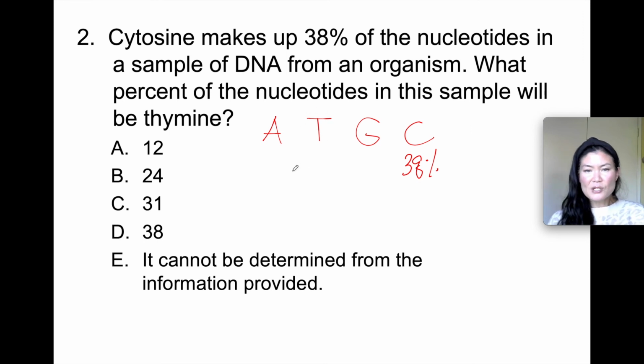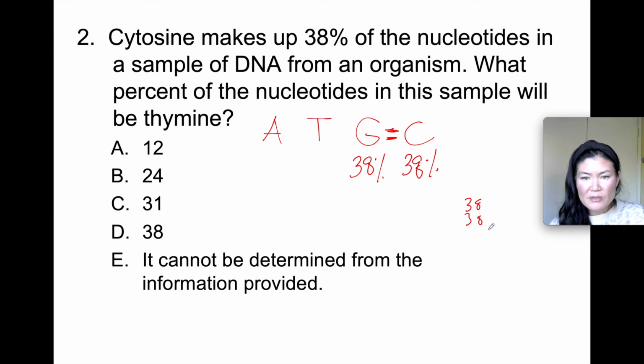Okay, this question might seem like, Ms. Shim, I don't have enough information to figure out how much thymine and adenine there are. But remember, guys, the amount of guanine and cytosine are equal to each other because they pair up. So if cytosine is 38%, therefore guanine is also 38%. Okay, and then you just have to add them together.